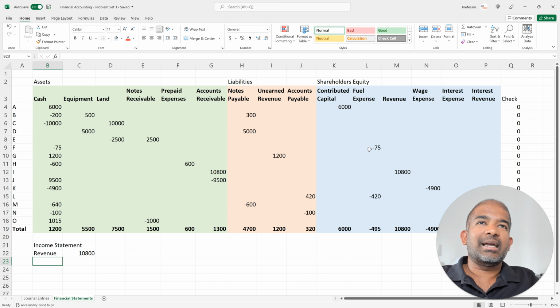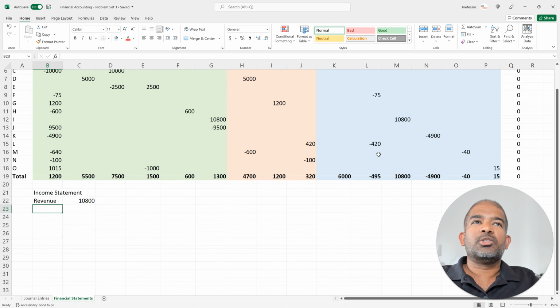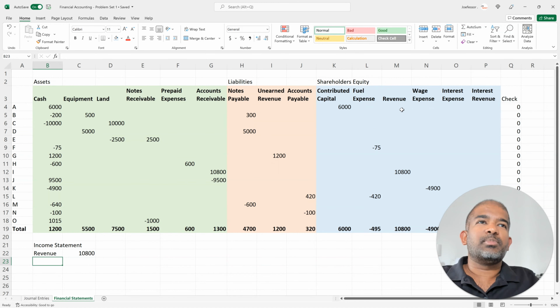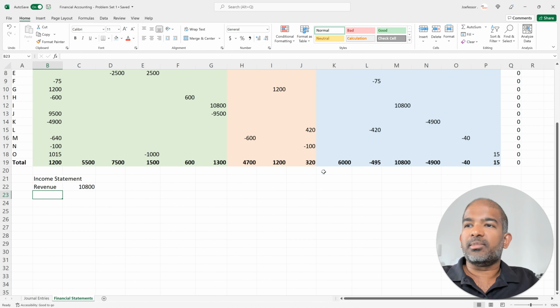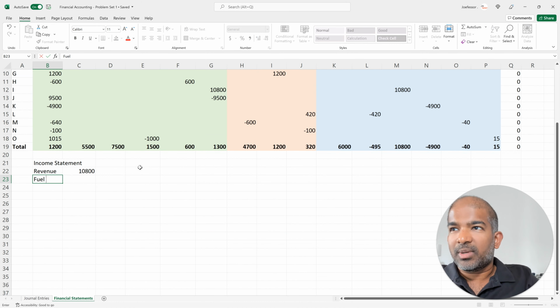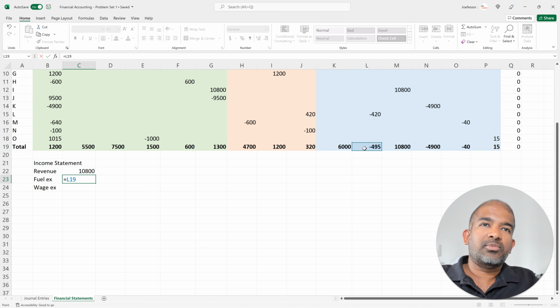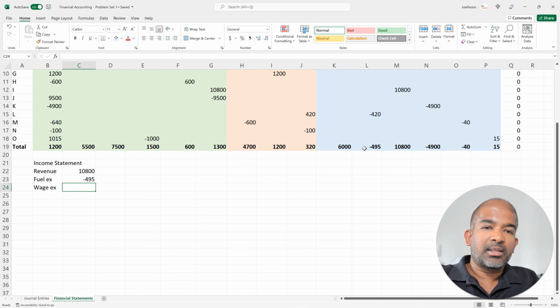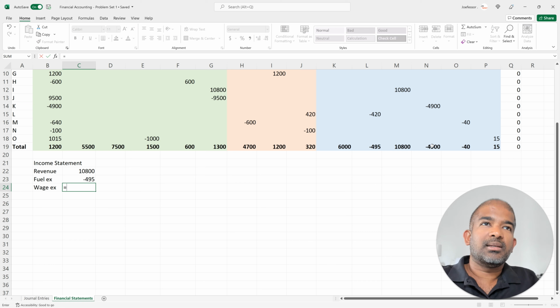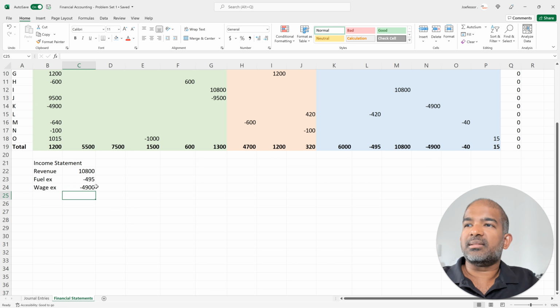What are the expenses I have? I have fuel expenses, wage expenses, and interest expenses. Fuel and wage are operating expenses, right? So I'm going to say fuel expenses and wage expenses. The fuel expense would be 495. Wage expenses is 4,900.